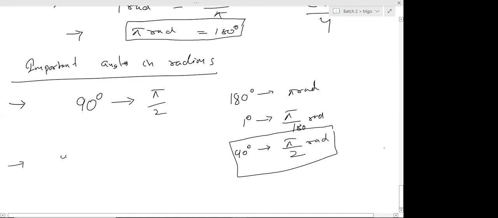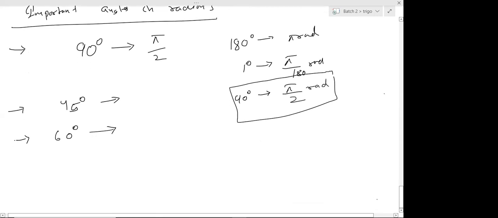Convert 45 degrees, 60 degrees, 180, 30, and 360.